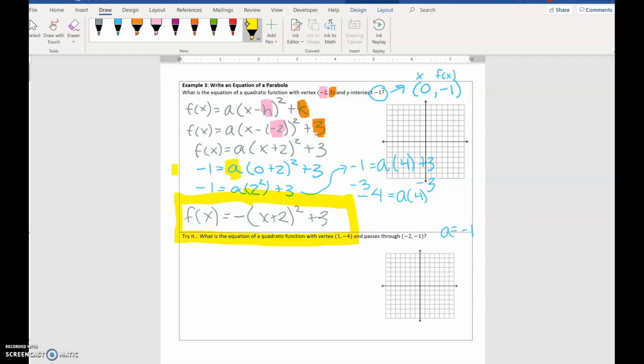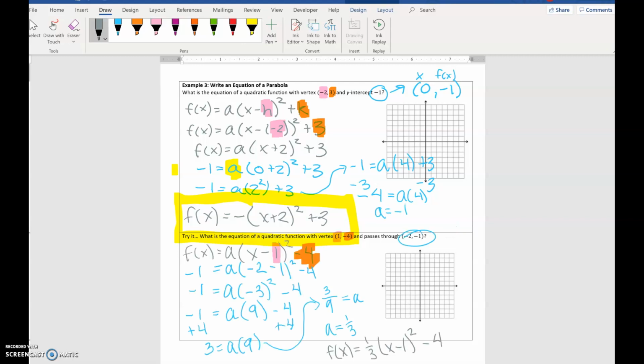Okay, go ahead and pause the video and try doing the next one. Okay, so we first identified that this is our vertex here, so h and then k. And then we're given this point that it goes through, so we plugged that in.